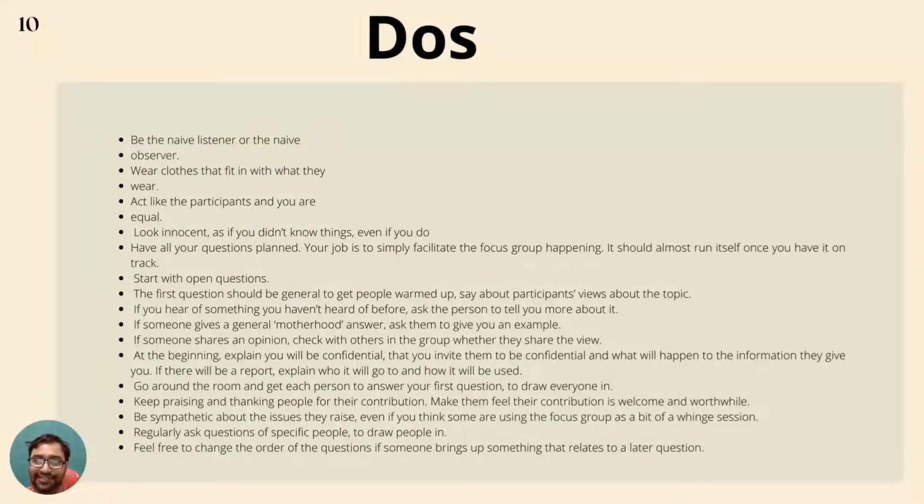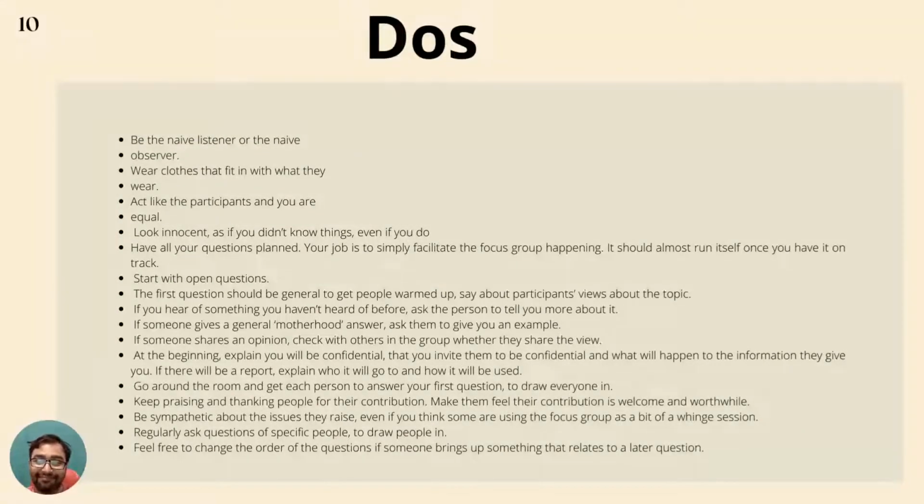Your job is simply to facilitate the focus group. It should almost run itself once you have it started. Start with open questions. The first question should be general, to get people warmed up and to hear the participants' views about the topic. If something interesting happens, ask the person to tell you more about it.